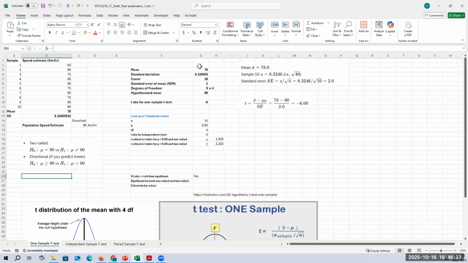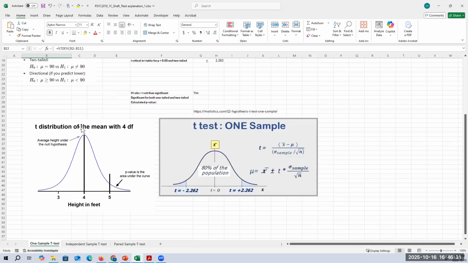So you get the mean 78 and standard deviation 6.32. But something about the t-test here. So imagine you're looking at average height. Here's your average height, and you find the average height from your sample is 5, and so it's above the mean, but how far is it from the mean? And so you use this t-distribution, which is similar to the Gaussian normal distribution of the z-score, where the mean falls in the average.